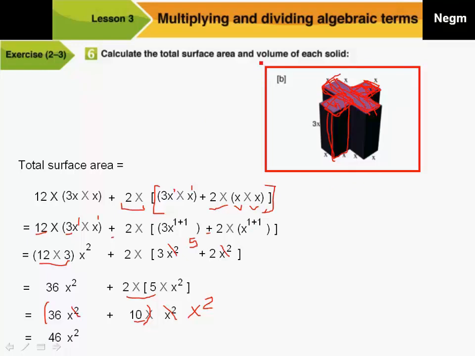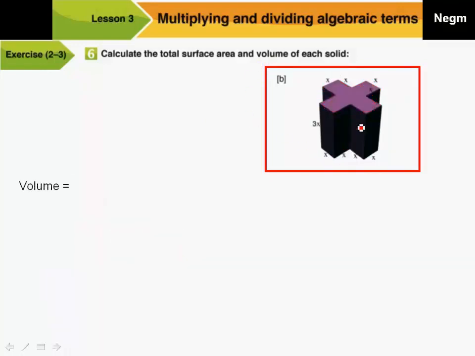But we have been asked also to calculate the volume. Volume, you have to calculate its base times its height. The area of the base is this one. In order to calculate the area of this shape, as we did before, it has one rectangle.